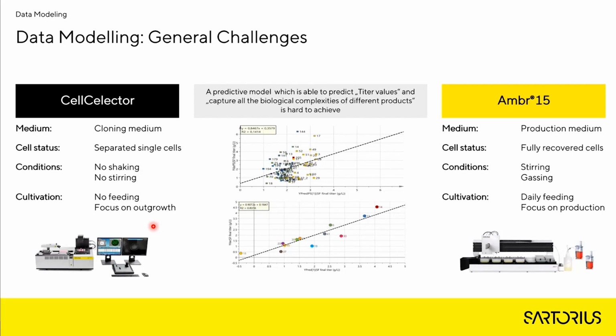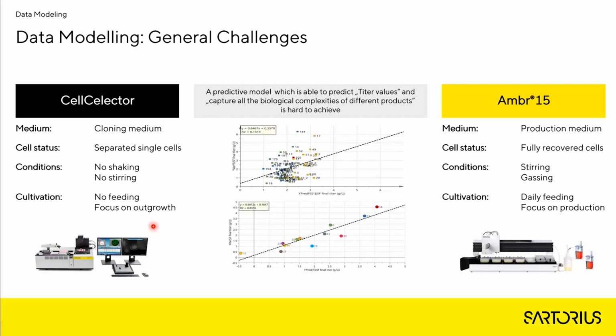In the cell selector, cells are separated and single, but in Ambr 15, they are fully recovered cells. The conditions are also different. At the cell selector level, we don't have shaking and stirring, but we have a much more controlled process in Ambr 15, like stirring and gassing. And of course, the cultivation is also very different.